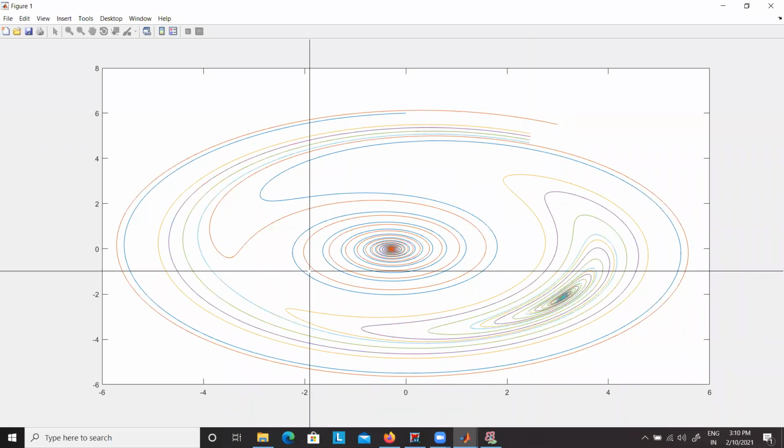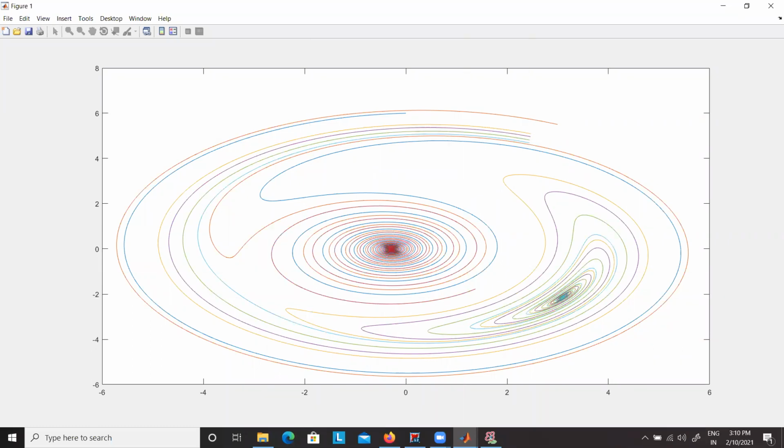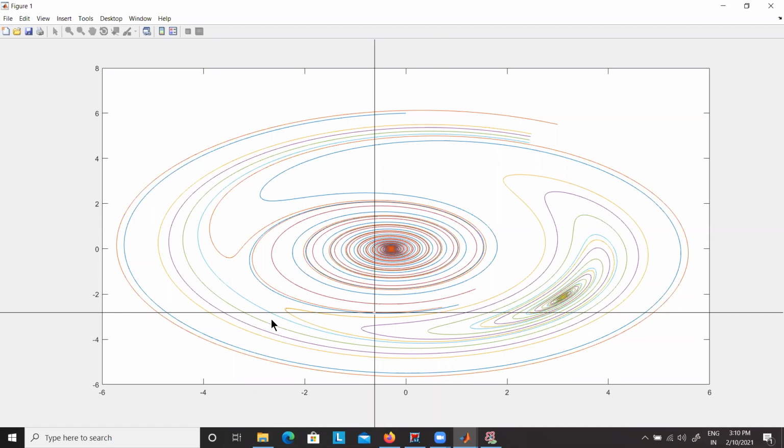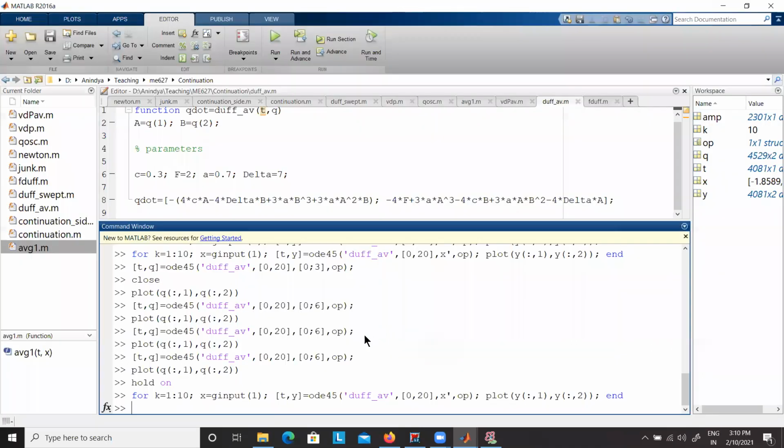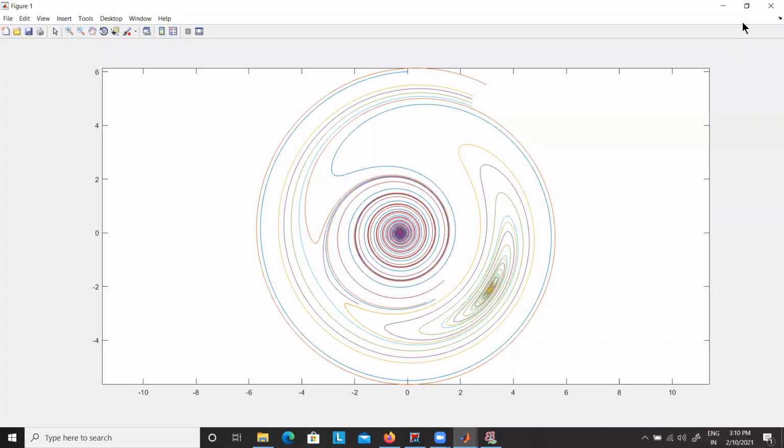The saddle is still very much present. This saddle and this, they have not yet come close. If I use axis equal, I'll get a better idea. So the saddle is now somewhere here and this is still here. They have come, but they have to come closer.